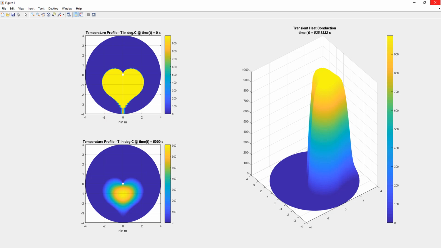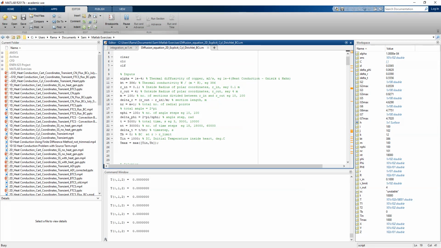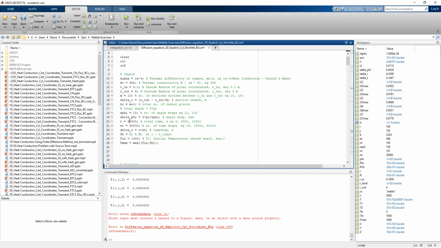the values we obtained previously. Let's change the number of sections m to 10 and the number of angle steps to 10, and we'll keep this at 3, and say 18.